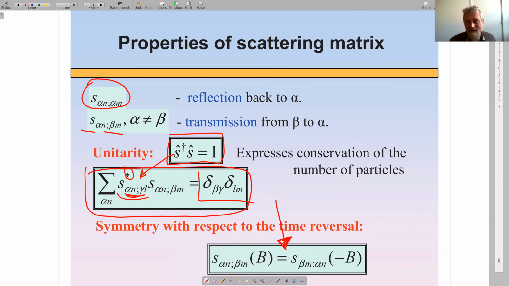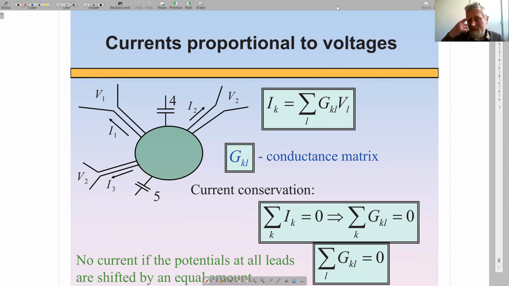So it's just a rather simple extension of the two-lead scattering matrix formalism. All right, let us understand what we are going to compute before the actual computation, evaluation, derivation, whatever you say.